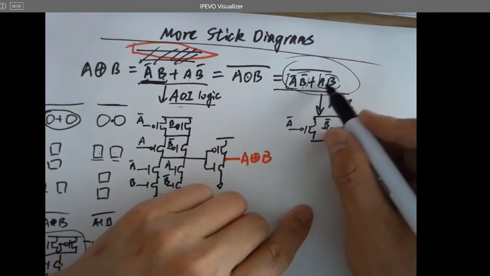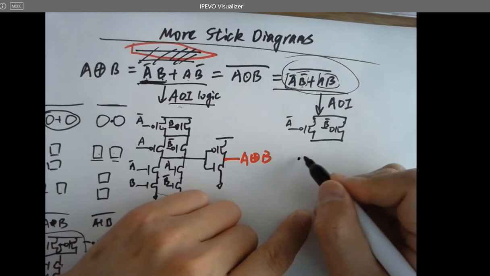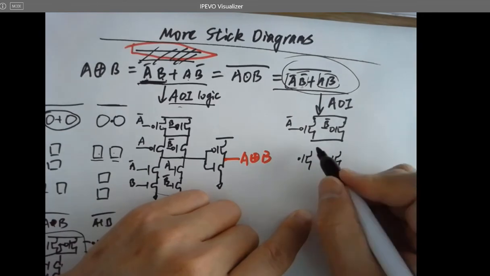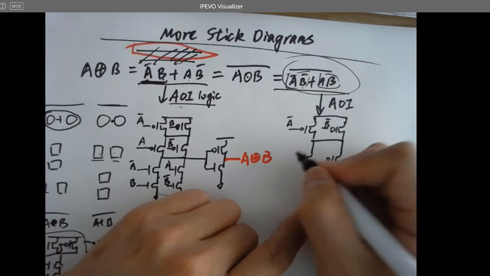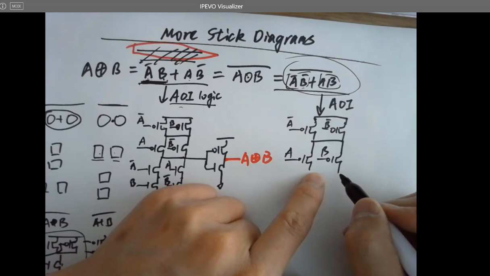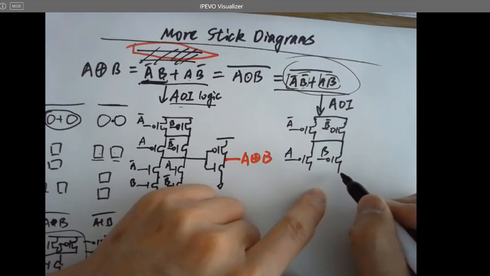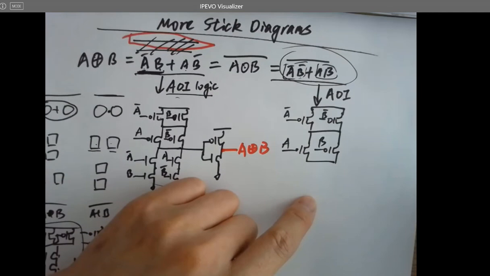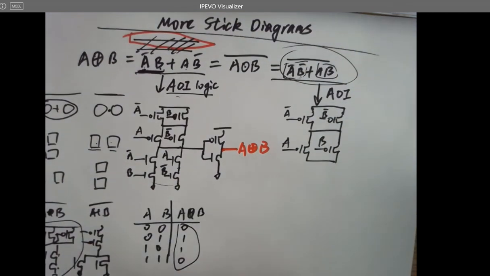So you have A and B, these two signals. Should I close it or not? Yes, because they're in parallel. All right, done with the PMOSes.